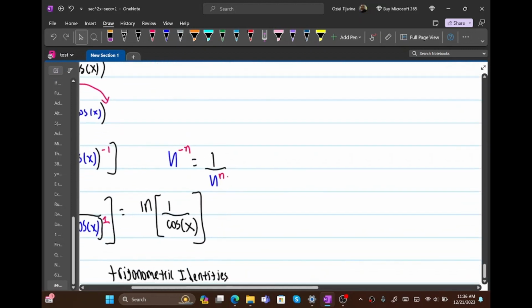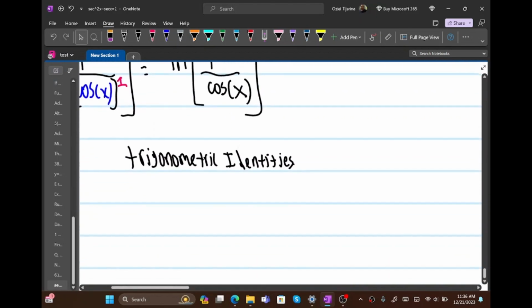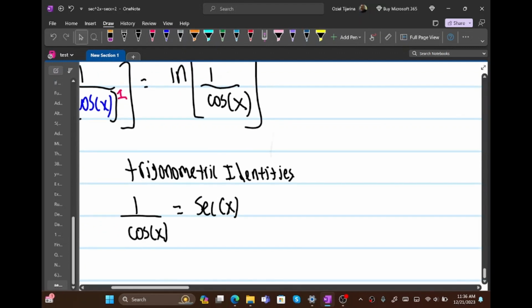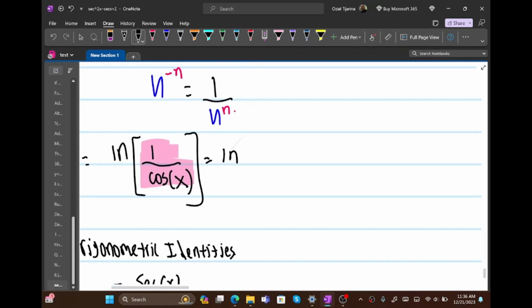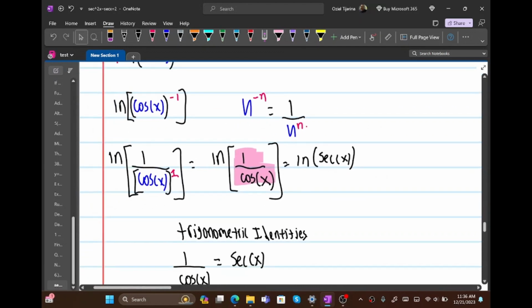Okay, no, I didn't. So, from trigonometric identities, remember that 1 over cosine of x, this is the reciprocal identity, is really equal to secant of x. Okay, so we're going to rewrite this here as the natural log of secant of x.